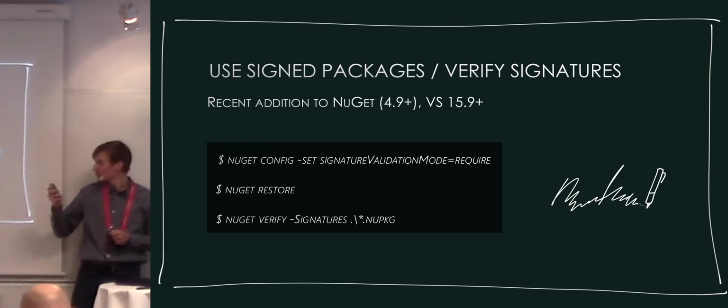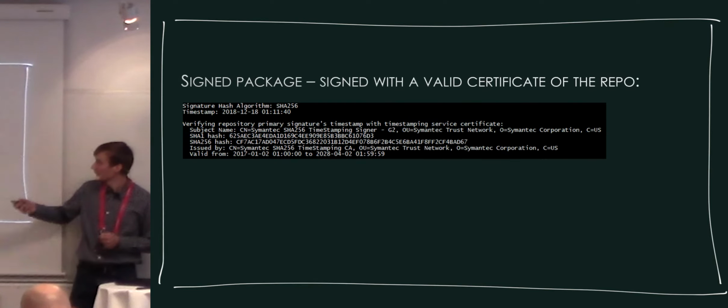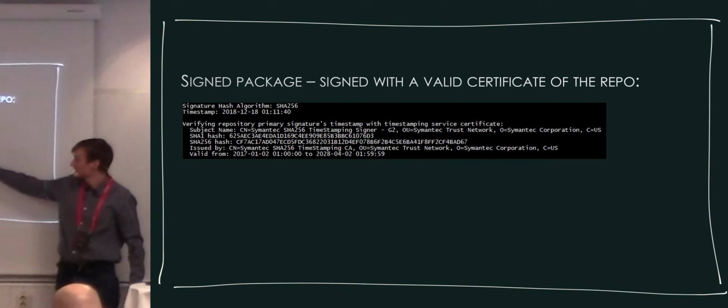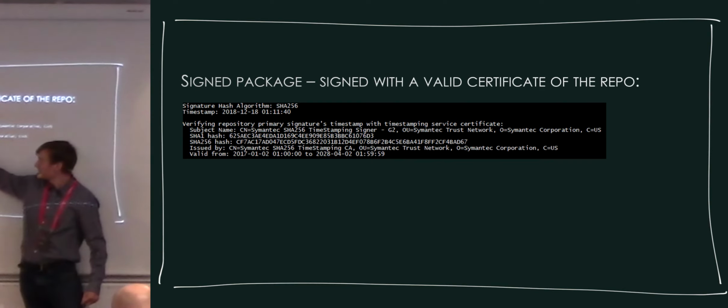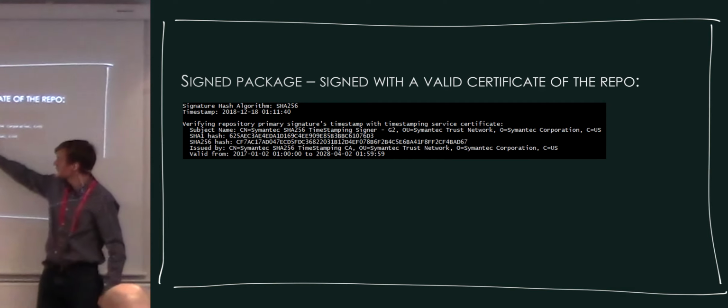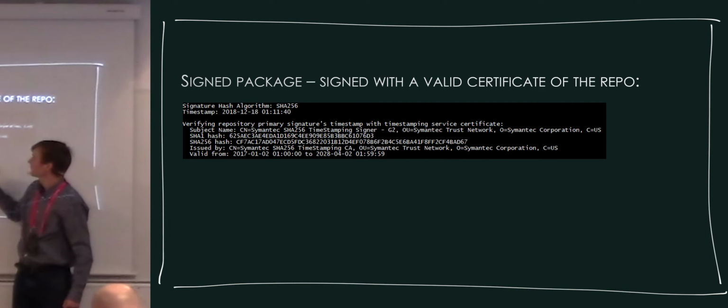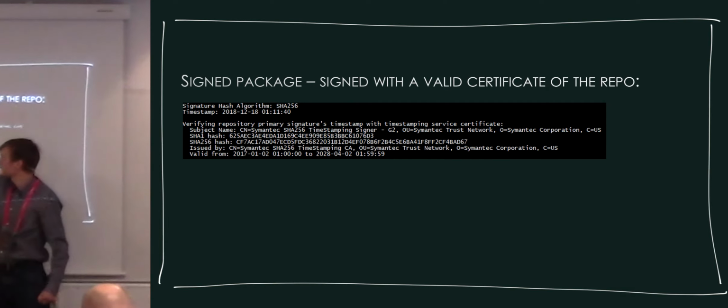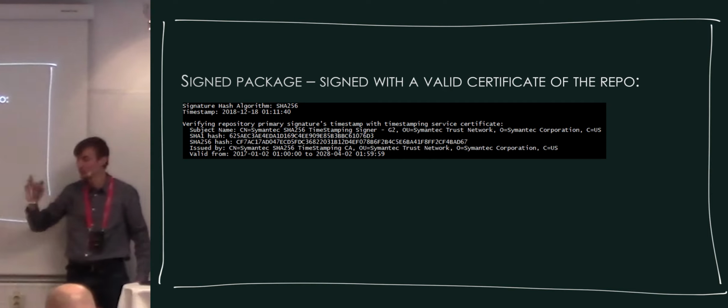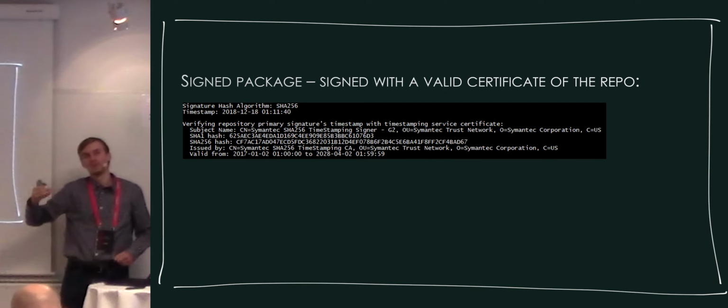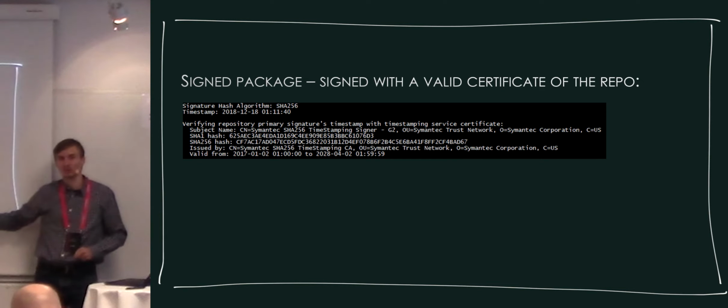So when you go to NuGet and fetch a package from there, it says this package has a certificate from, well, there was more information, but this one was for NuGet.org. So this is a package from a valid source. This is what we can verify.